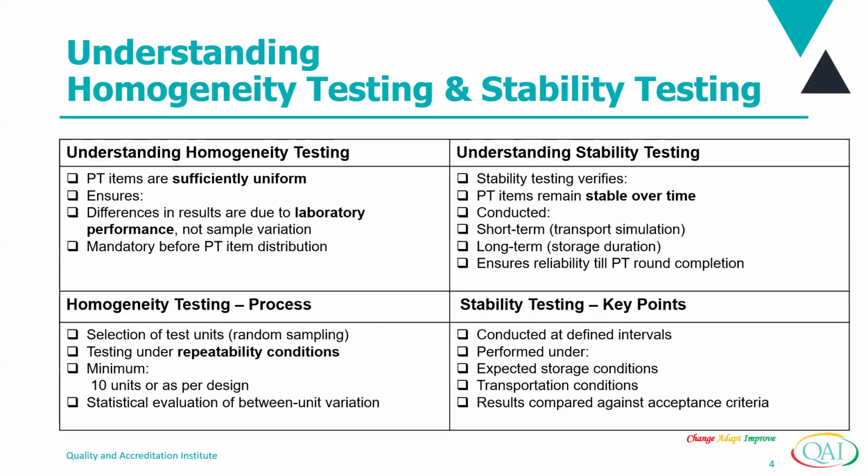There are other things, like identifying outliers or blunders using the Grubbs method. There is another approach, robust standard deviation, in case you have fewer participants. If you have fewer than 12 participants for the PT scheme, you can apply robust standard deviation to calculate the Z prime.